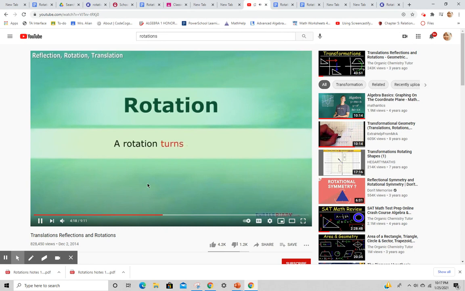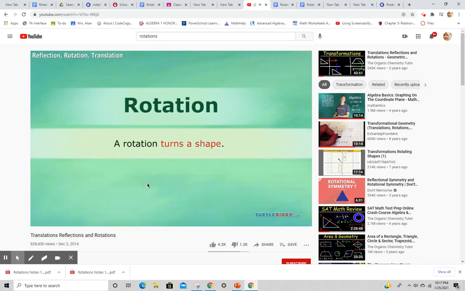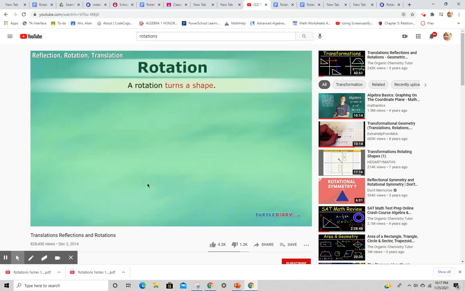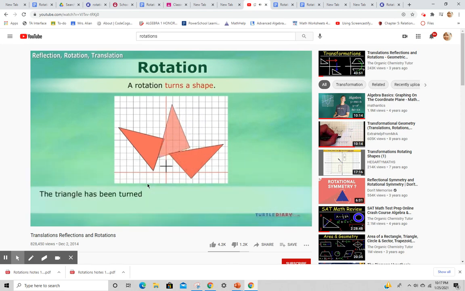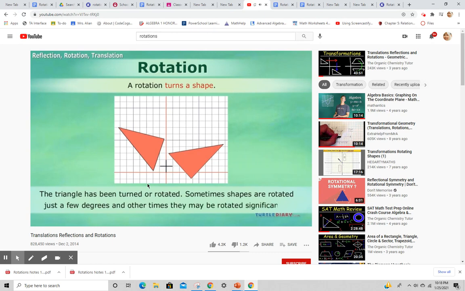A rotation turns a shape. In this example, the triangle has been turned or rotated. Sometimes shapes are rotated just a few degrees, and other times they may be rotated significantly.